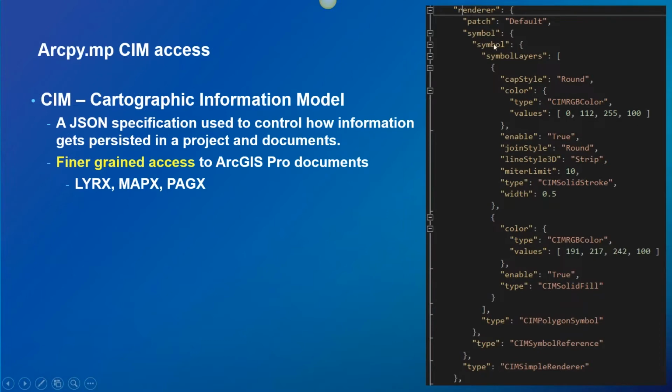That symbol reference has a symbol, and this symbol has multiple layers. So it's a solid fill symbol, and it's also a solid stroke. So with ArcGIS.mp, you don't have access to some of these properties like join style or miter limit. But if you get to that through the CIM, then you will have that access.